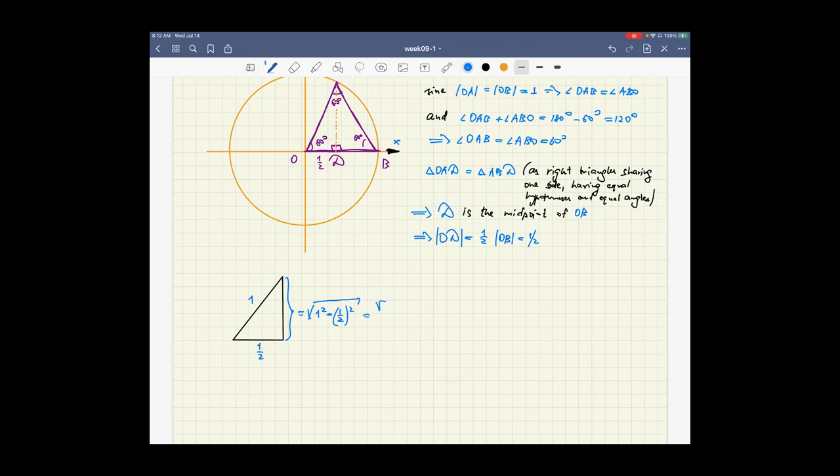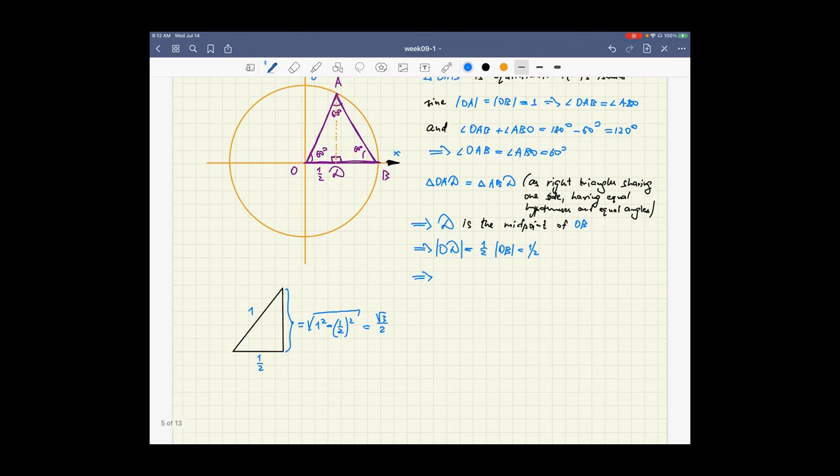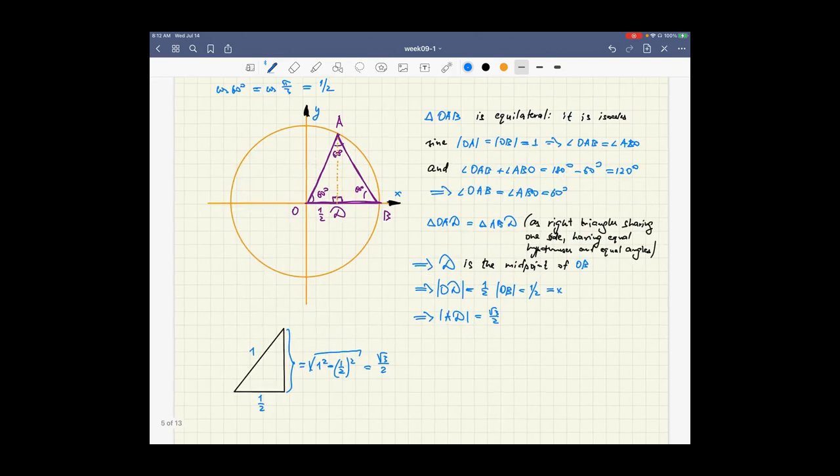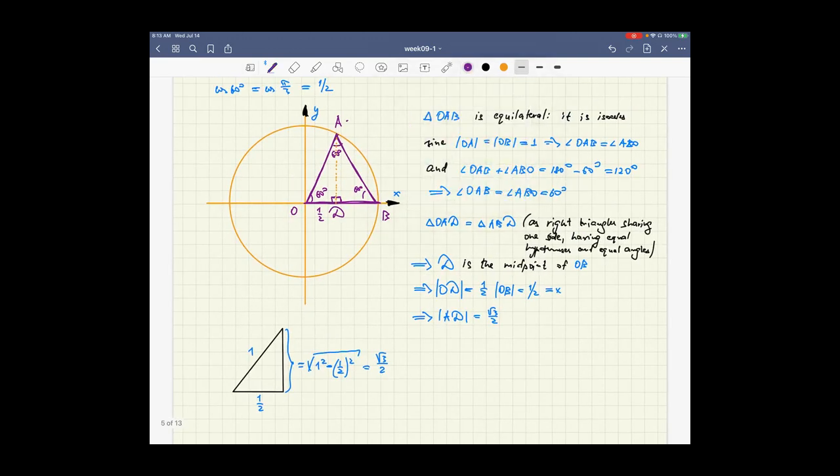And that is, of course, root 3 over 2. OD is the x-coordinate of point A. That is cosine of 60 degrees or pi over 3, is 1/2.